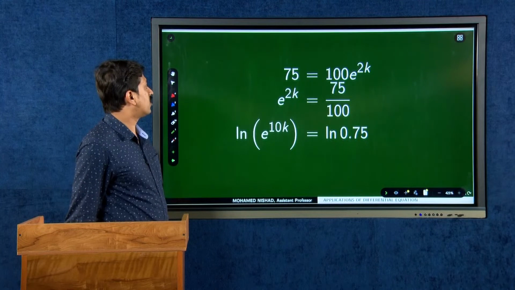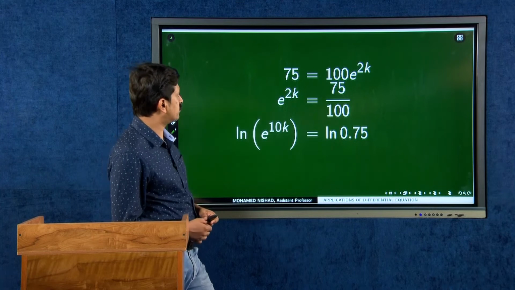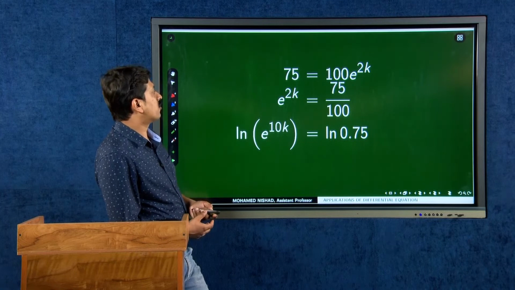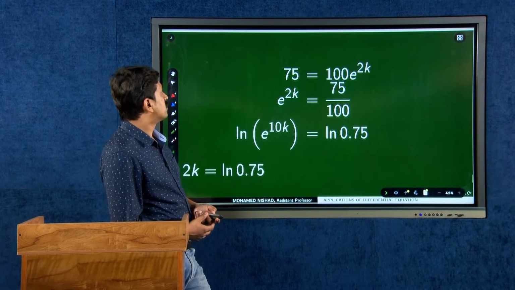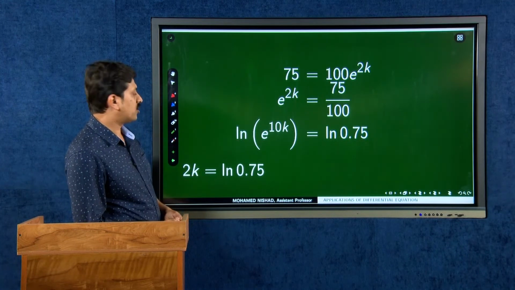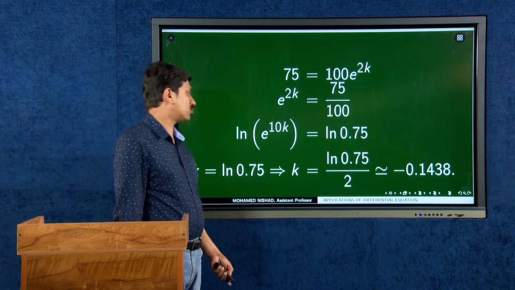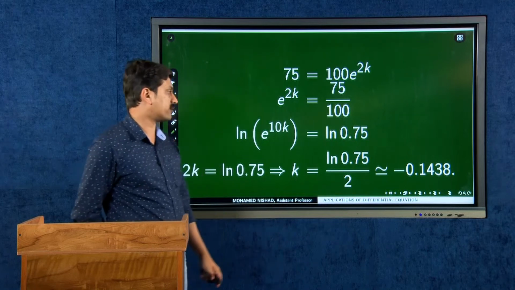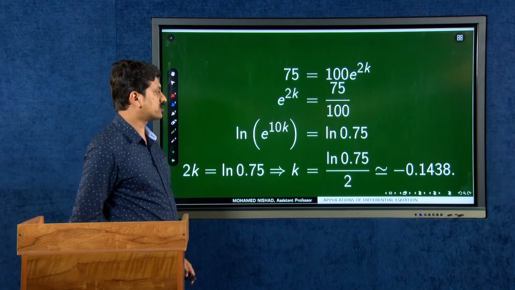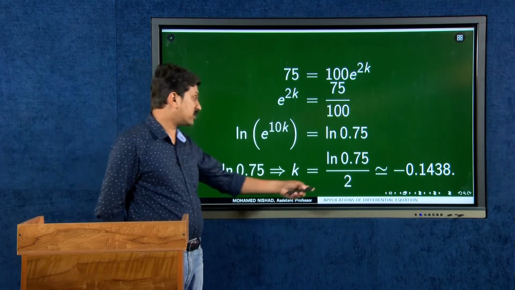Taking log, we get 2k equal to log of 0.75. Now, finally, we will have k is equal to log of 0.75 divided by 2, that is equal to negative 0.1438. See, here the value of k is actually negative.